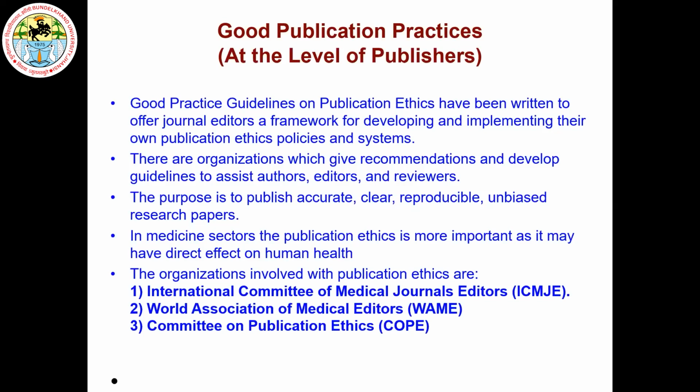Okay, there are organizations which give recommendations and develop guidelines to assist authors, editors, and reviewers. So these guidelines are for all: for authors, for editors, and reviewers. And the purpose is to publish accurate, clear, reproducible, unbiased research papers. In the medical sector, publication ethics is more important, as it may have a direct effect on human health.